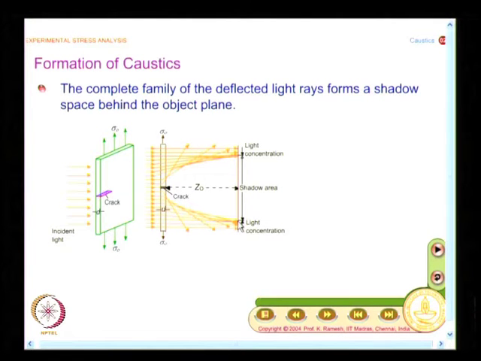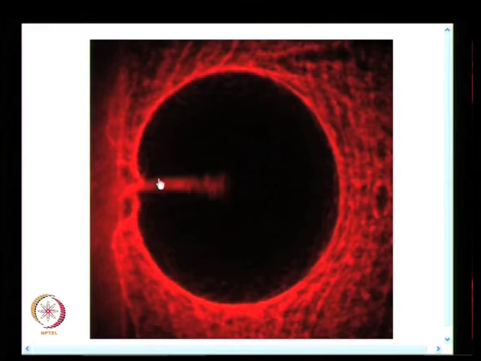And what we saw in the last class was, at the tip of a crack you have a nice caustic shadow obtained, and we explained how this shadow is formed.